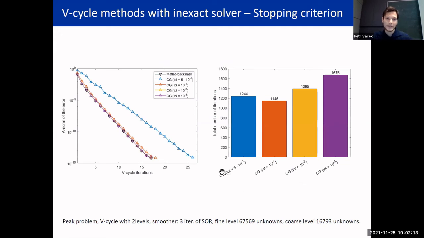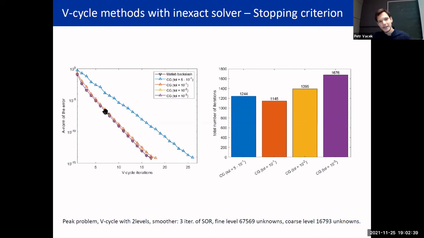You can also look at the total number of iterations performed on the coarsest level. And there are 2 interesting observations. The first one is that the winner, in the sense of doing the least amount of iterations, is the conjugate gradient method with the tolerance 10 to minus 1.